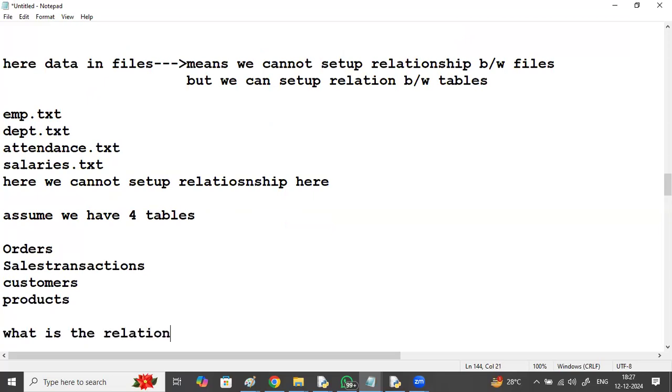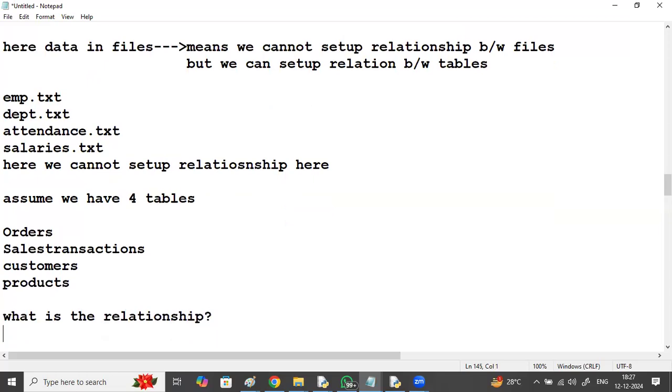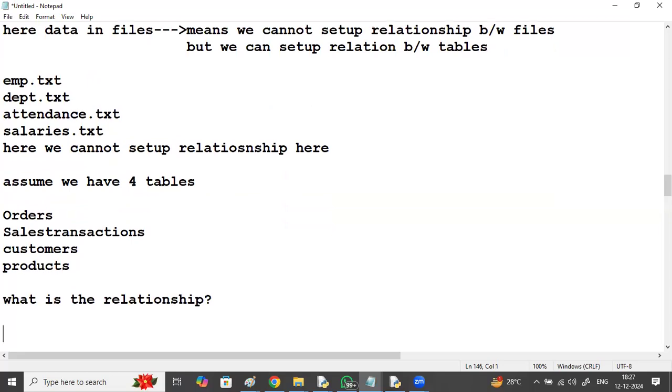If you have any common column, then yes. If you want to maintain some relationship, generally by joins we can do it. For example, order of what? Product. Booked for whom?